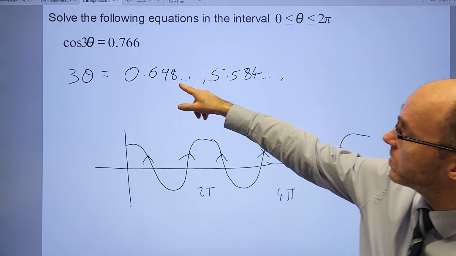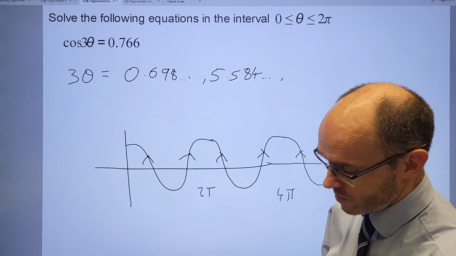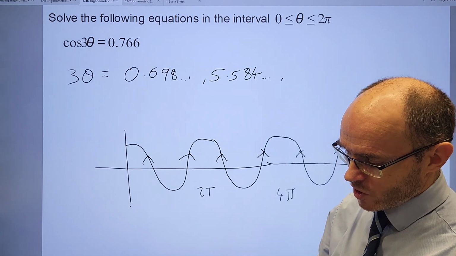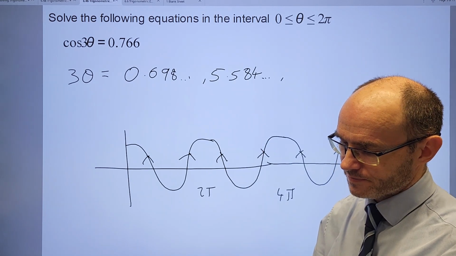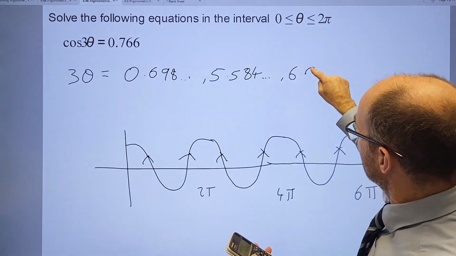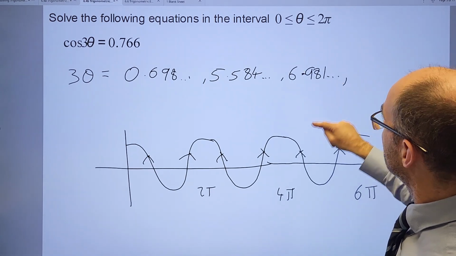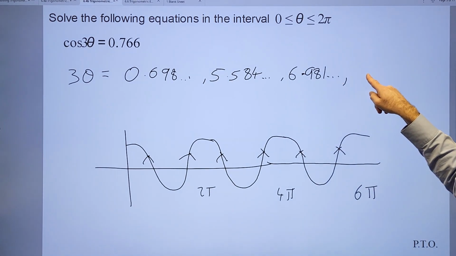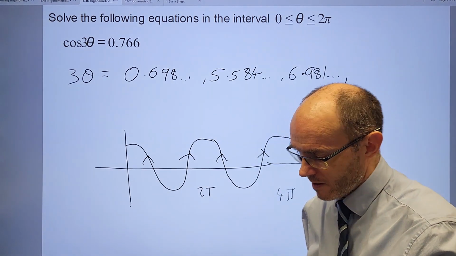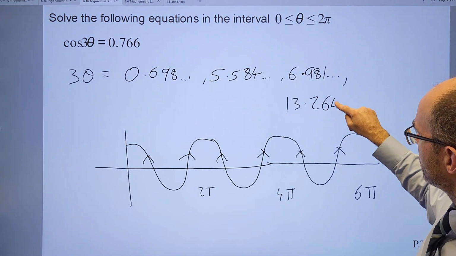Okay, so I'm going to start with this one. So let's just get that back up again. So inverse cosine is 0.766. So add on 2 pi to that. So 6.981. Okay, add on 2 pi to get another one. Okay, I'm going to add on 2 pi again. I'm going to write down here 13.264.